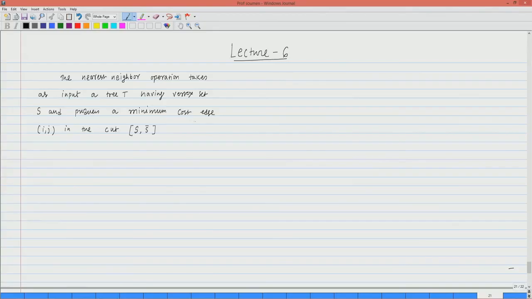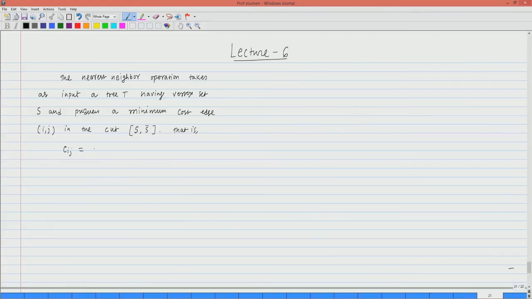Okay, so we do not know what is this minimum cost edge and what is this cut also. I will explain in detail. Let me just finish this part, that is C I j is the cost associated with the edge I j.